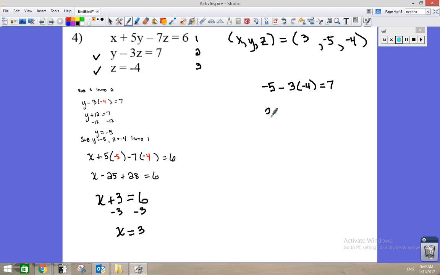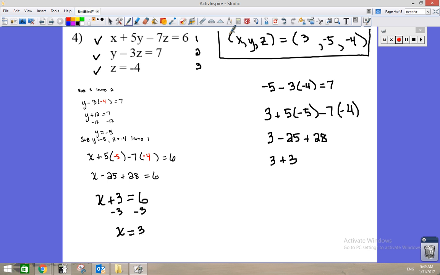If I take x, which is 3, y, which is negative 5, and z, which is negative 4, what do I get when I add these together? Well, 3 minus 25 plus 28, and that's 28 minus 25 is 3, and 3 plus 3 is 6, and that's what this claims to be. So I'm pretty confident that this is the correct answer.